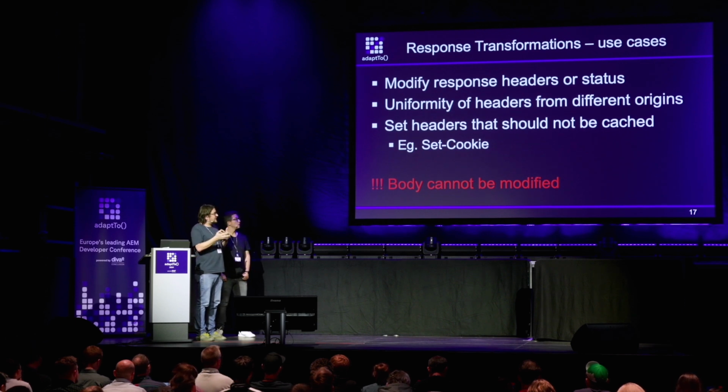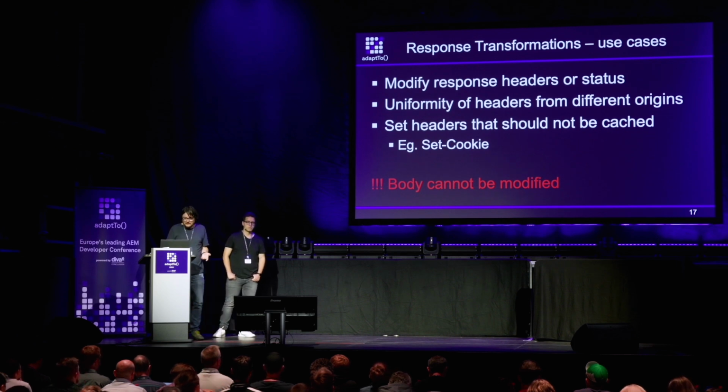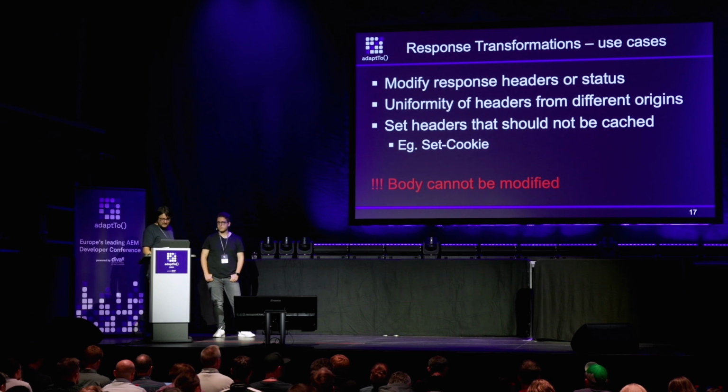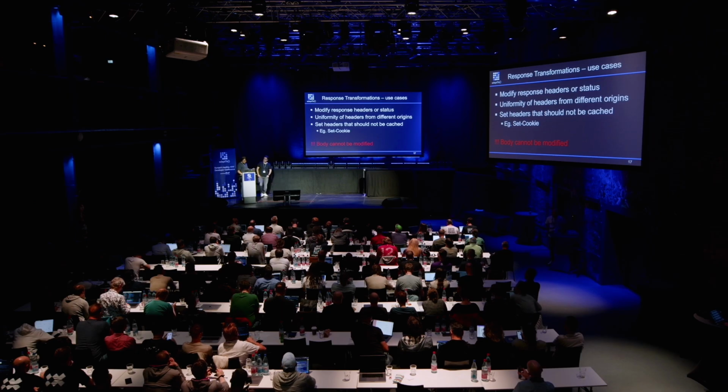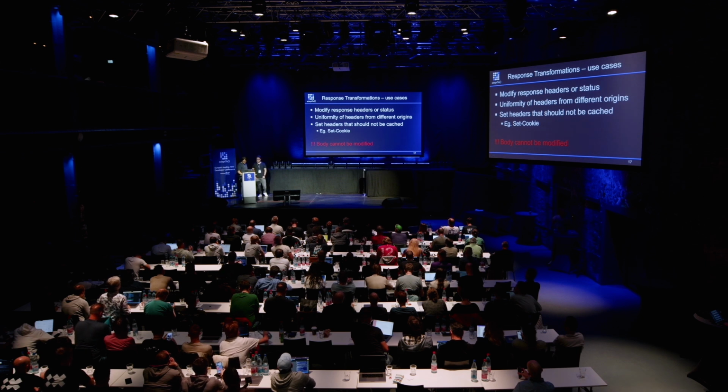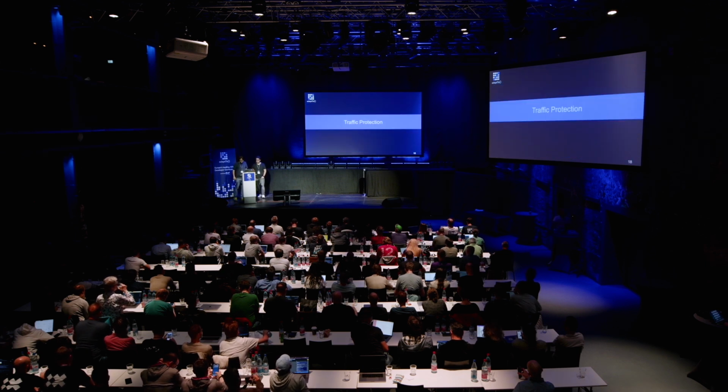We don't yet offer this possibility. We are exploring it, but for now, you can only modify headers and status. That's my presentation for the typical customizations that you can do. And next, I will let Quentin talk about traffic protection.